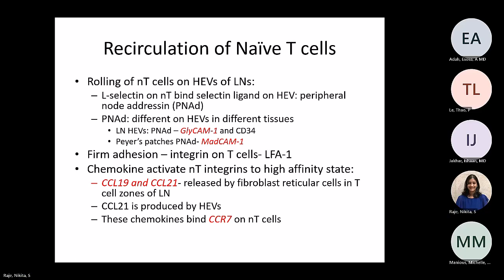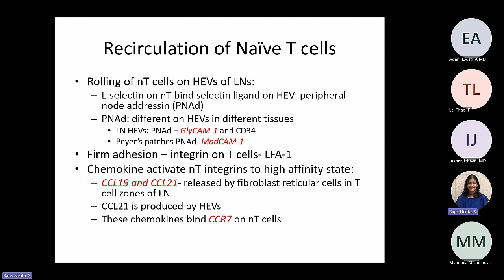And then the chemokines that are produced in the T cell zone of the lymph node, which are CCL19 and CCL21, attract naive T cells, because they have CCR7 on them. The cells that have L-selectin and CCR7 are called naive T cells, and they exactly know where they are going.